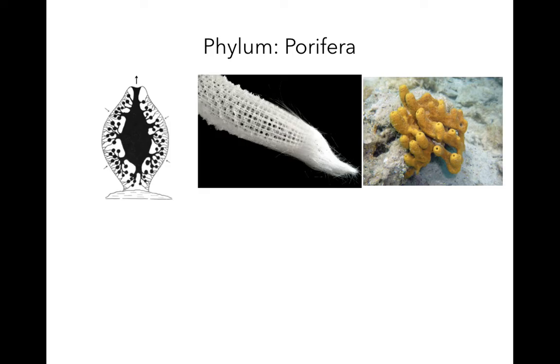So starting with the phylum Porifera, these are the sponges, and by many accounts they are among the most ancestral types of animals. They only have a cellular level of organization. They have relatively few different types of cells that comprise the adult organism.